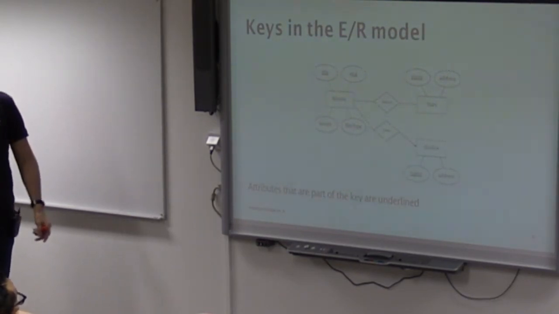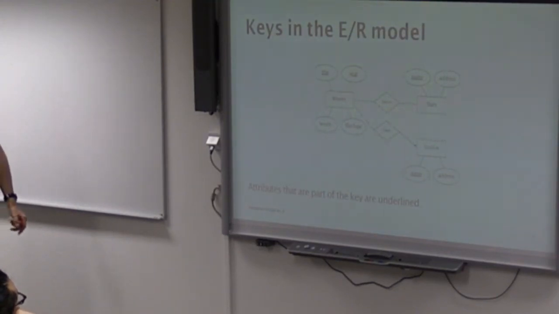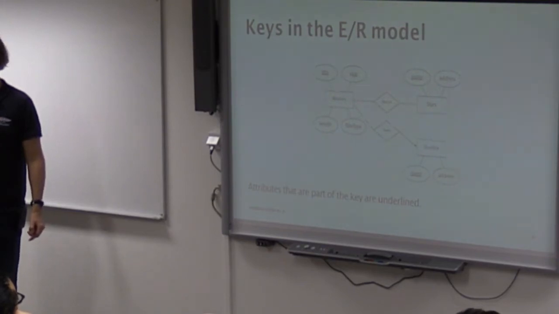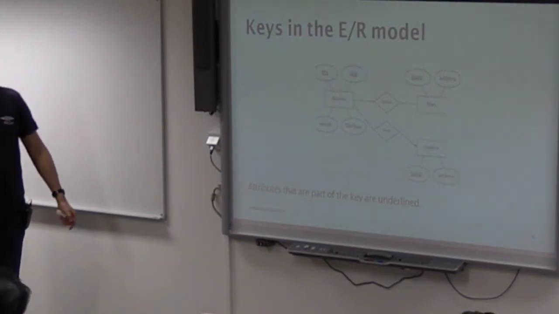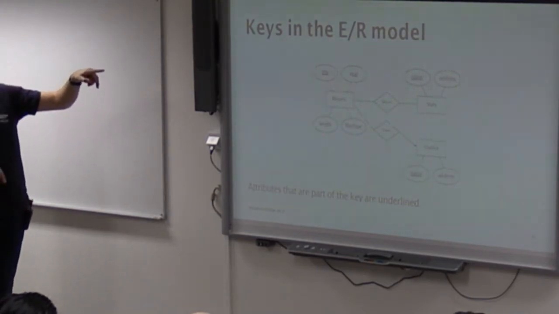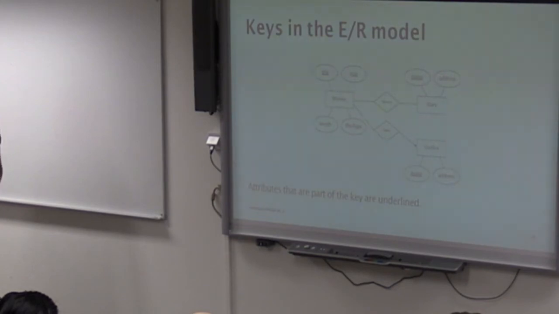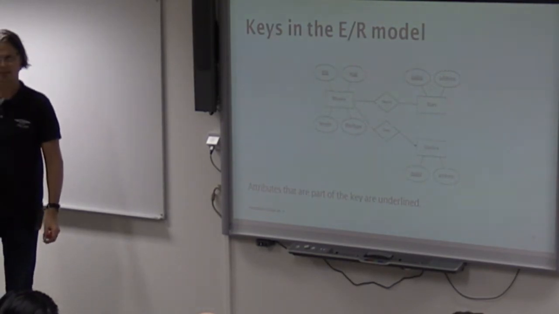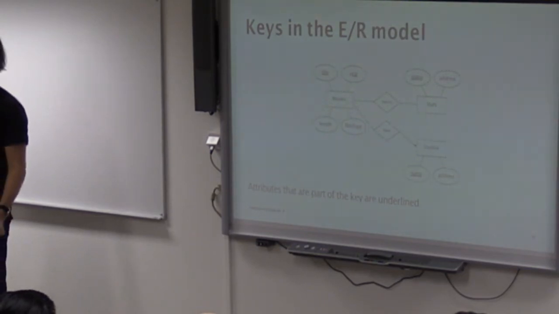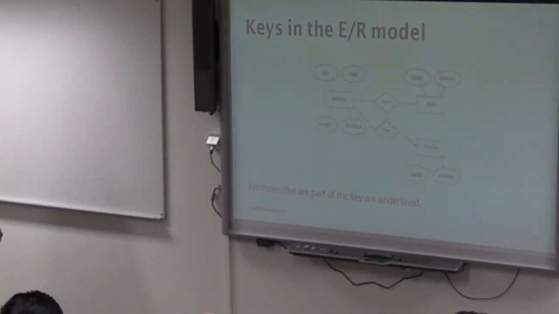And what you do here is that every attribute that has an underline is part of the key. If you look at the movies entity, your key is a combination of the attributes title and year, meaning that you can have the same title twice as long as they are released in different years.